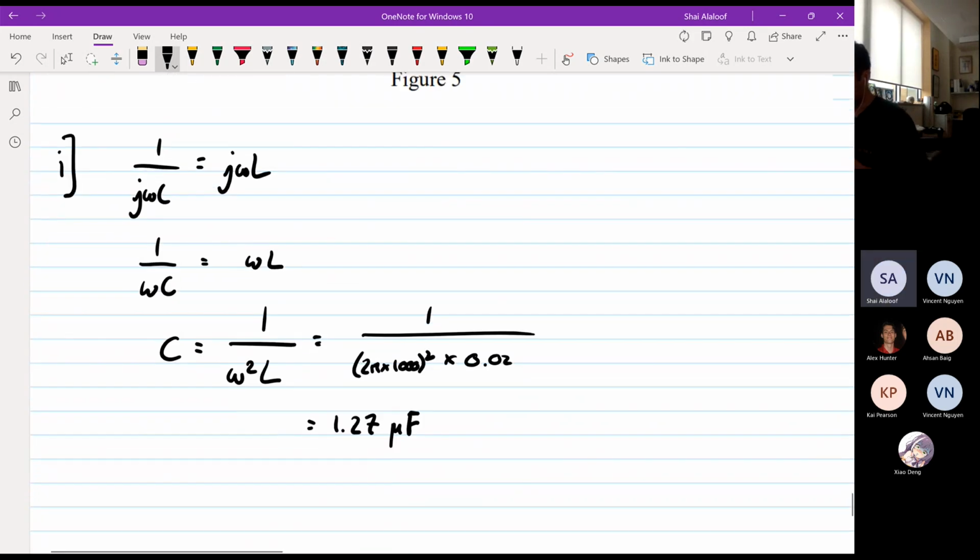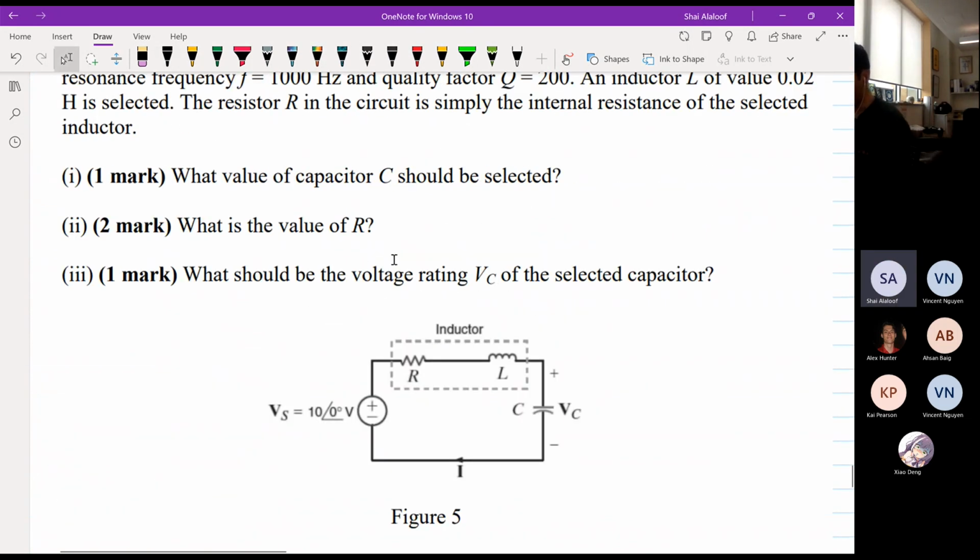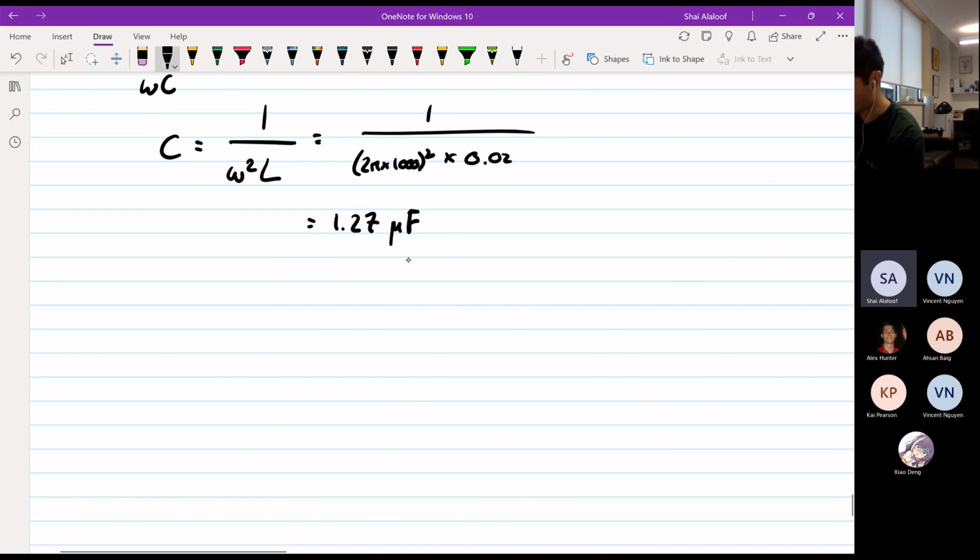Okay, the second question goes, what is the value of R? Good question. So with this, you can use the resonance equation. I always forget them. For the series one, the quality factor is 1 on omega naught RC.